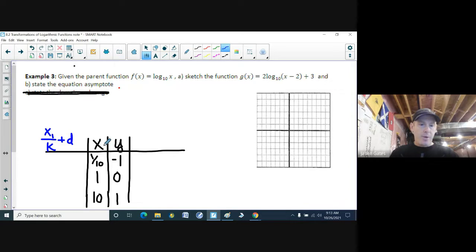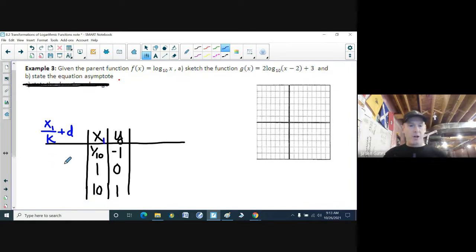And there's our x1 values, and all these values inside our chart are going to be our x2 values, our transformation. Same thing with our y1 here. We're going to use our transformation equation of a times y1 plus c.